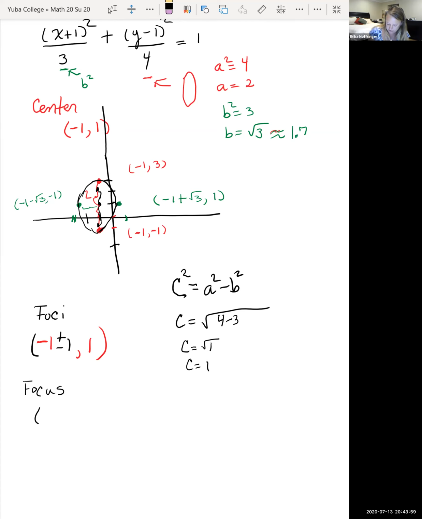So I have one focus at -1 plus 1. That's 0, 1. And I have one at -1 minus 1. Oh, sorry, wrong one again. I'm doing my y value. So x is going to stay the same, -1, but I'm going to add or subtract from my y value.